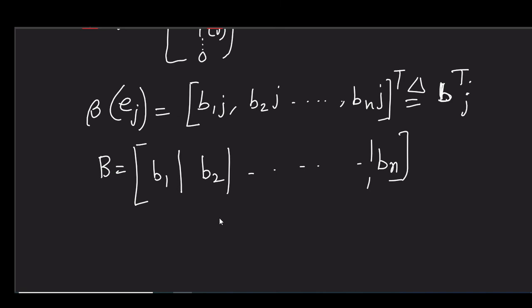So we can easily verify that beta x equals Bx for all x belonging to Cn.